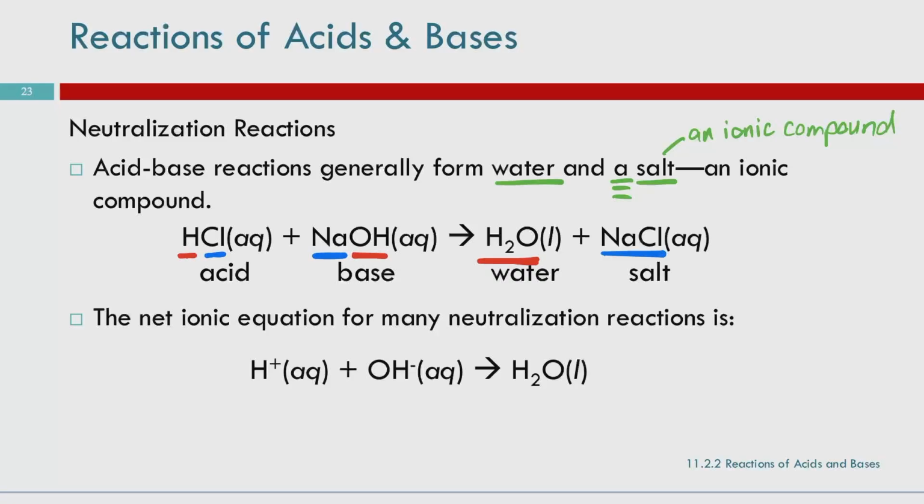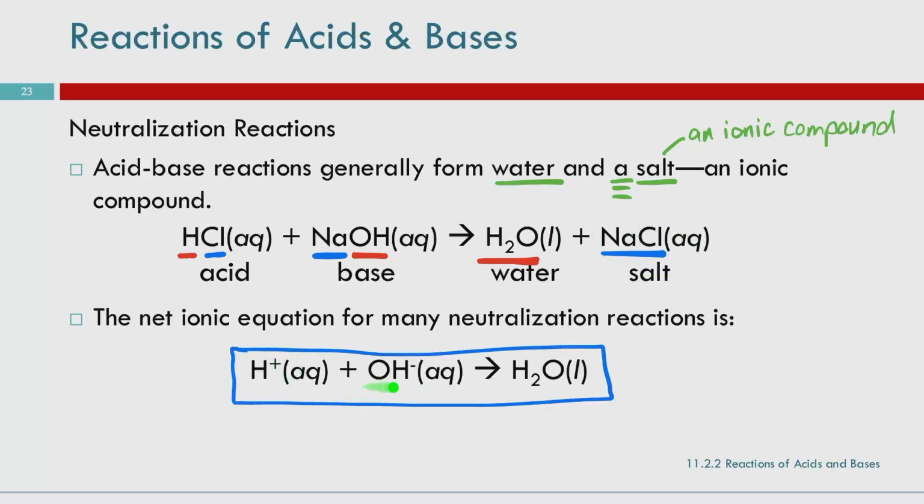It's also a salt, an ionic compound. If we remove the spectator ions, the salt part, we can tell because it's got aq after it. That means it's still dissolved. If we remove that part, we're left with H+ + OH− goes to H2O. And that's the meat and potatoes, the important part of our acid-base neutralization reactions.